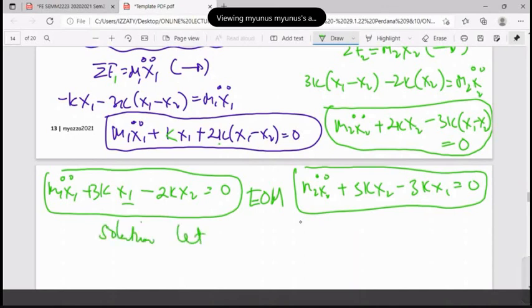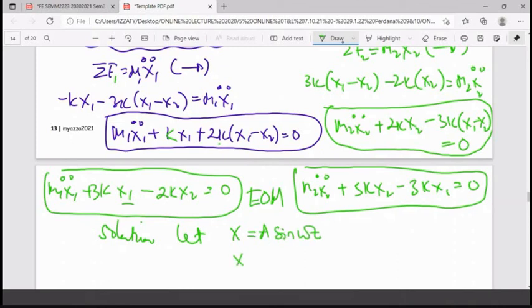So let x1 or let x, cut it short because you don't have a lavish time to put everything. So just put x equal to a sine omega t and x double dot, because there's no x dot, equal to negative omega squared a sine omega t.